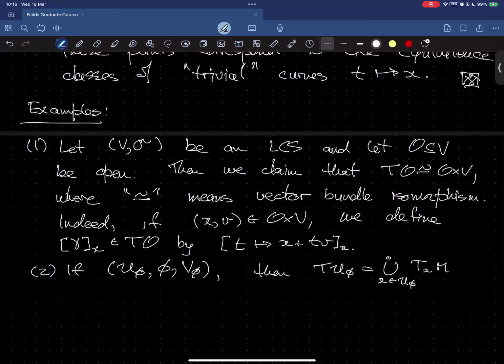And TV phi equals, sorry, V phi cross V phi agree with T being tangent bundle.